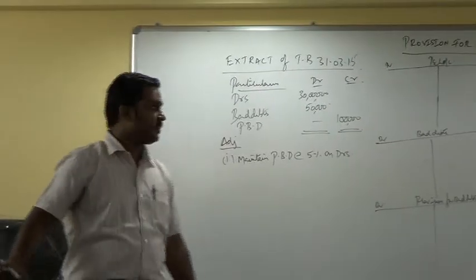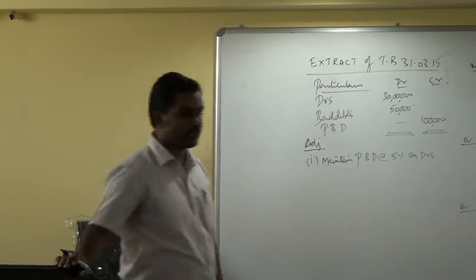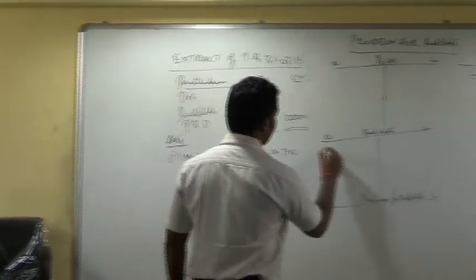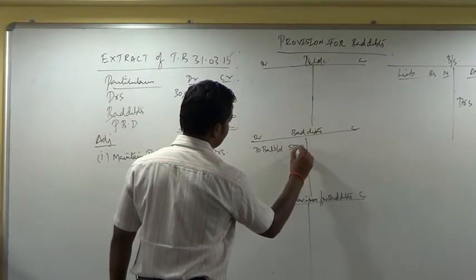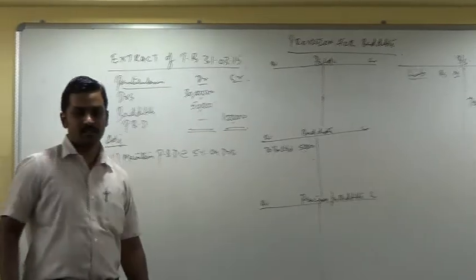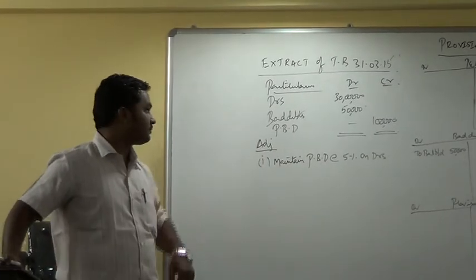Then bad debts is showing a debit balance of 50,000. Come to bad debts account, right here, to balance brought down 50,000.